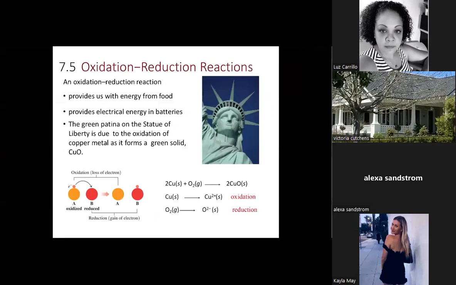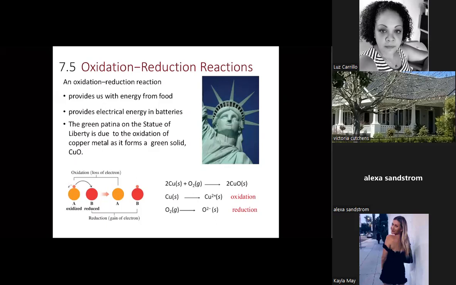Now, one of the things is that combination reactions, single replacement reactions, decomposition reactions, and even combustion reactions can be considered oxidation reduction reactions, okay? So understand that oxidation reduction reactions are not a separate type of reaction.